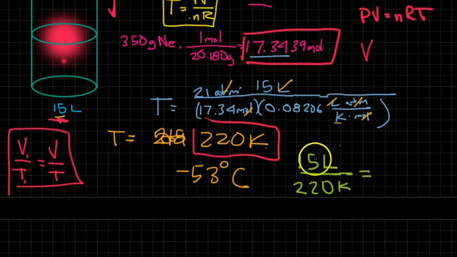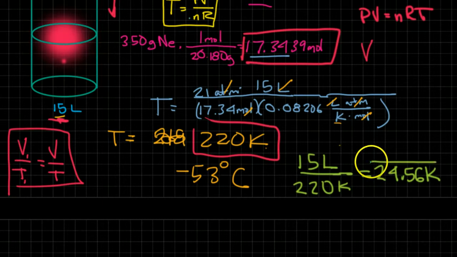So 15 liters at 220 K is the same as V2 at where neon would turn solid, 24.56 K. Talk about frostbite. So what's the volume going to be?